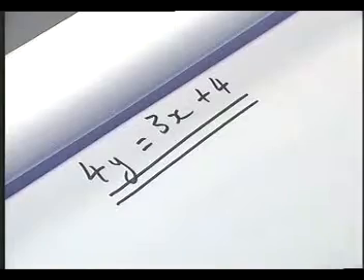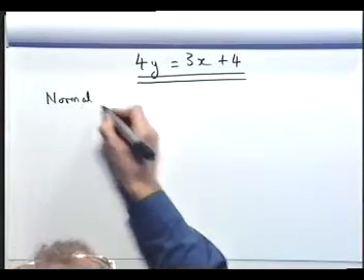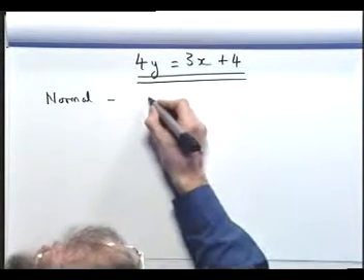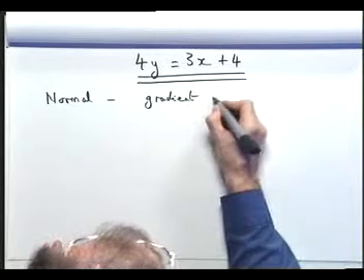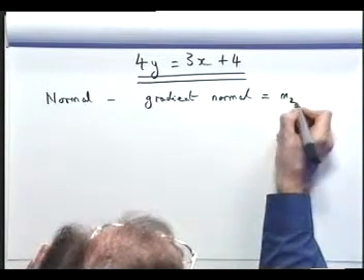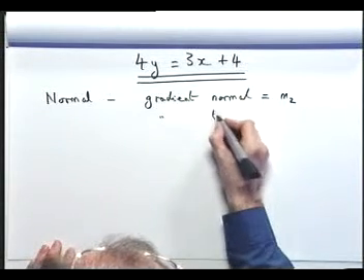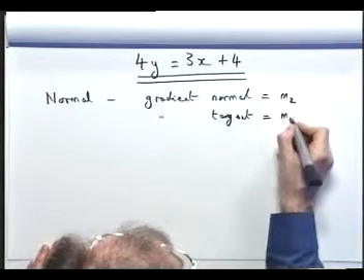And now we need to find the equation of the normal to the curve. Let's say that the gradient of the normal is m2 and that the gradient of the tangent is m1.